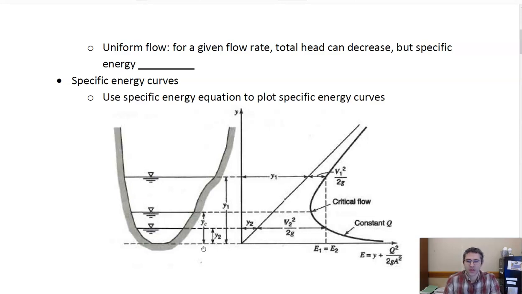It's the depth that occurs at the minimum possible specific energy, and there's only one possible depth there. So this is in general what we're going to be working with. You'll want to continually refer back to this graph to understand what's happening, and we will as we go.